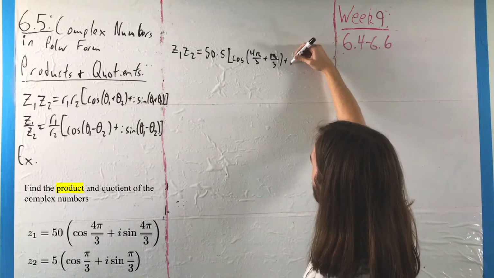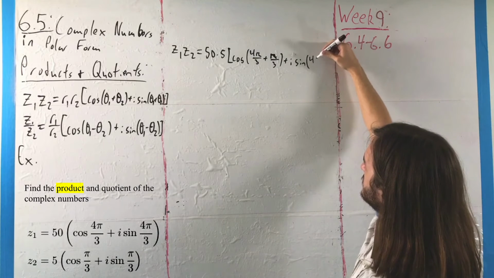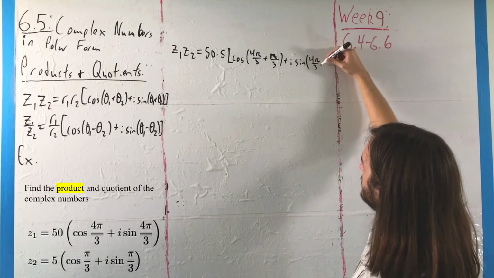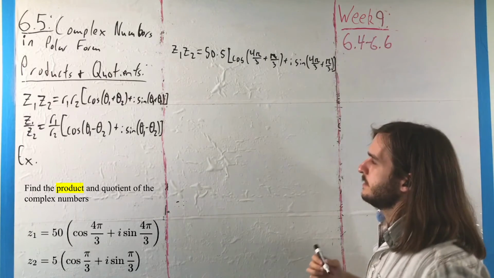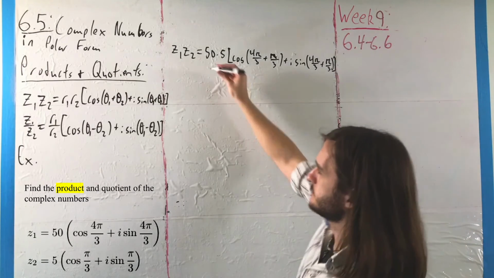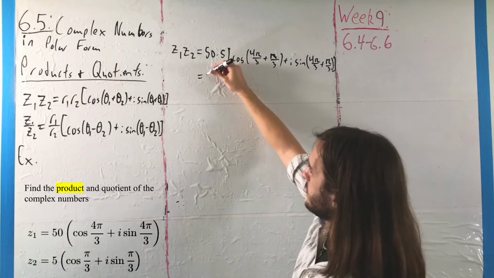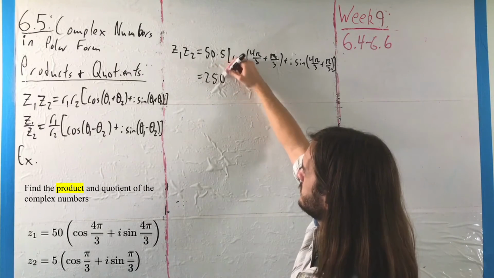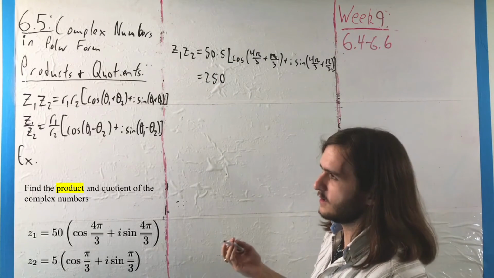Then we add to that i times the same sum of angles, sine of 4 pi over 3 plus pi over 3. And then it's just a matter of simplifying. Once you get the formula, it's very nice to work with. We have 250, and the math's not very hard, is it?